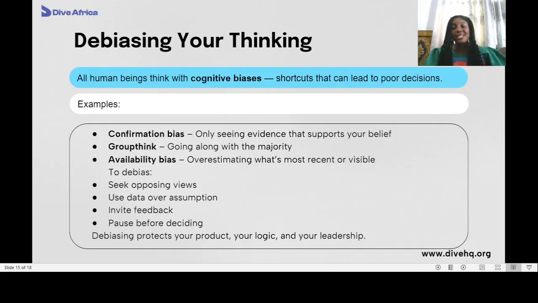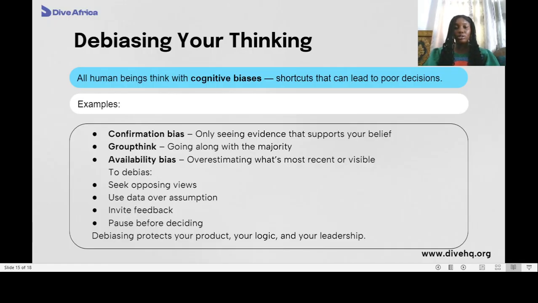To fight bias, you need to seek evidence, not opinion, because it's not just about you and your team members. It's about the end users. Just like I mentioned earlier, be open to feedback. Listen to other individuals' points of view. Ask questions. Very important. Ask important questions.